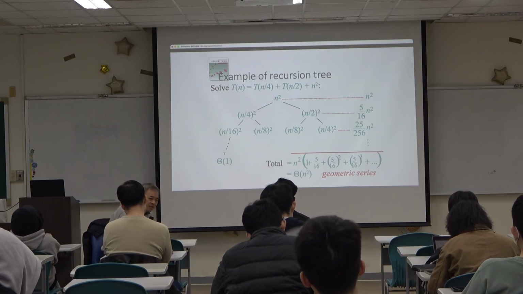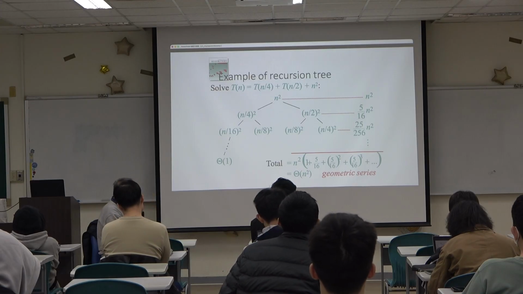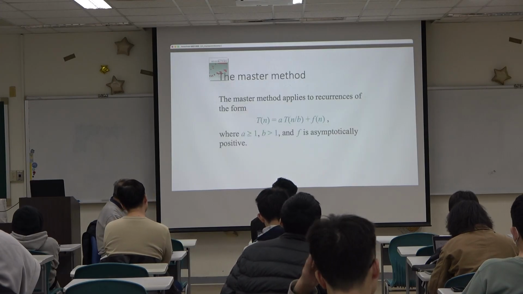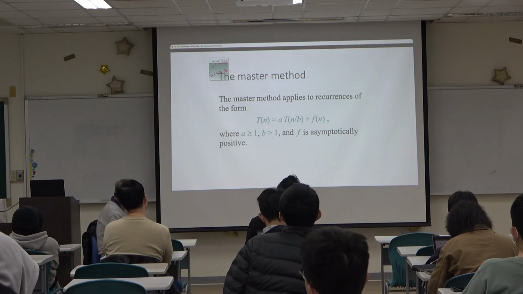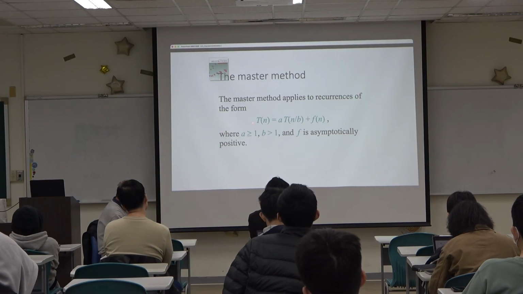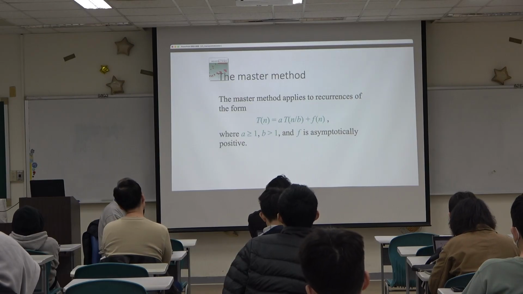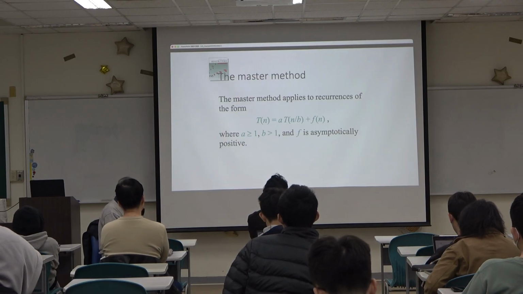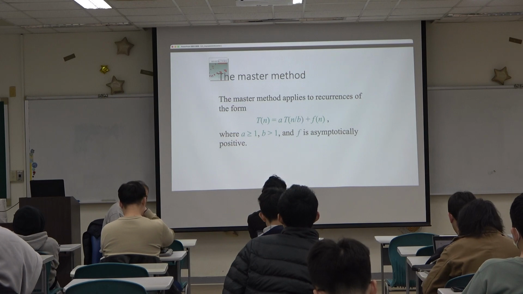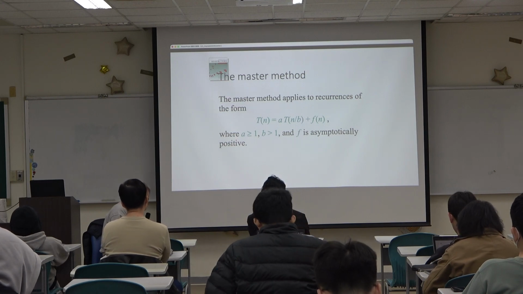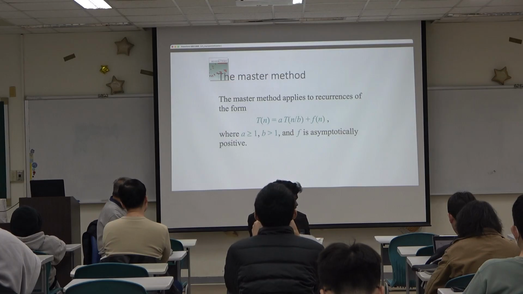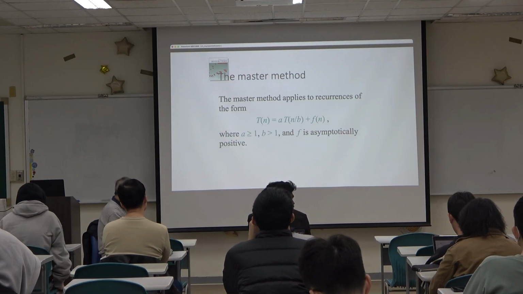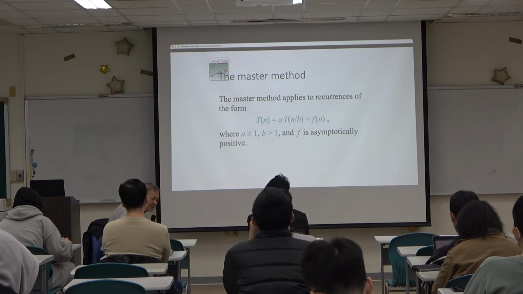The second issue is that sometimes your recurrence relation looks like this form, but it does not fit into any of these 3 cases. It is possible, especially when f of n looks ugly.